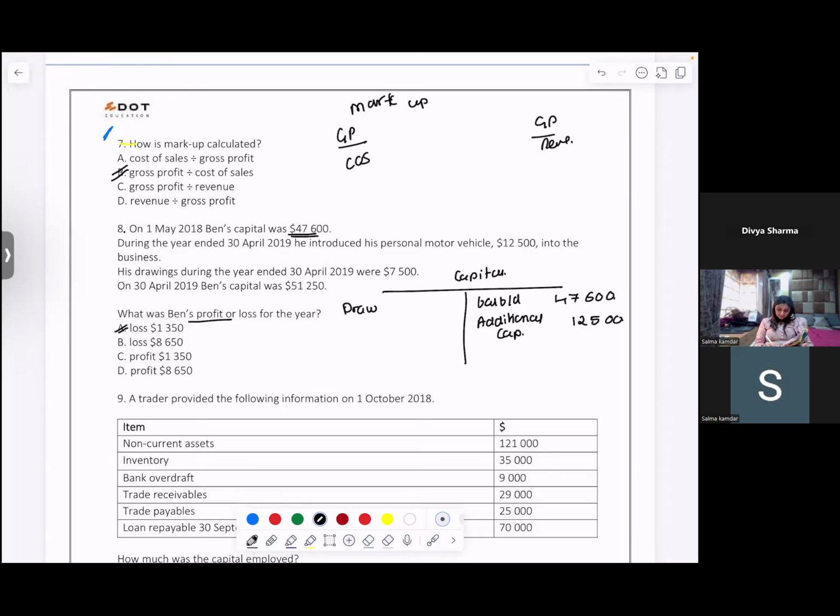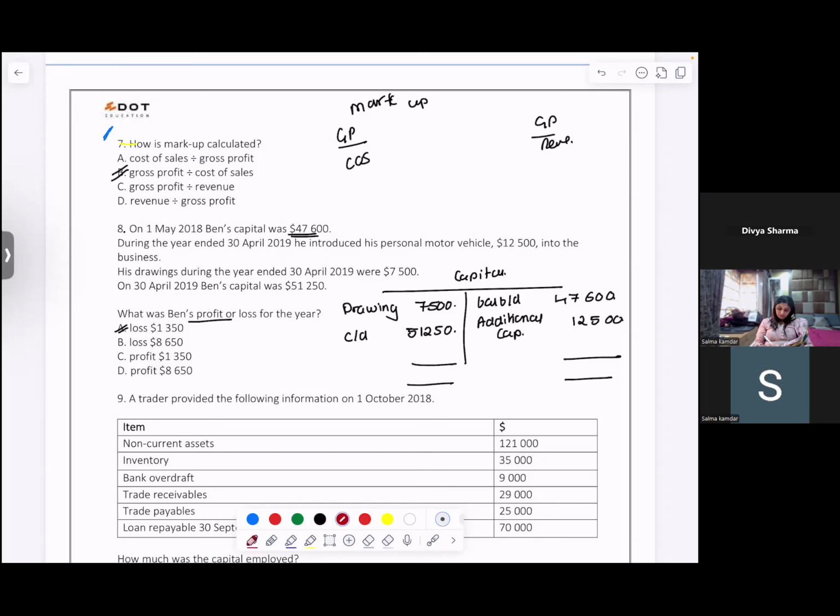Then drawings of 7,500 will be put on your debit side, and your closing capital, 51,250, will go on your debit side. When you minus them, your balancing figure will be your profit for the year, but this time it's a loss of 1350.